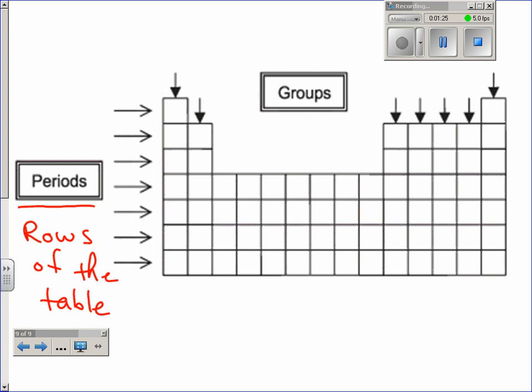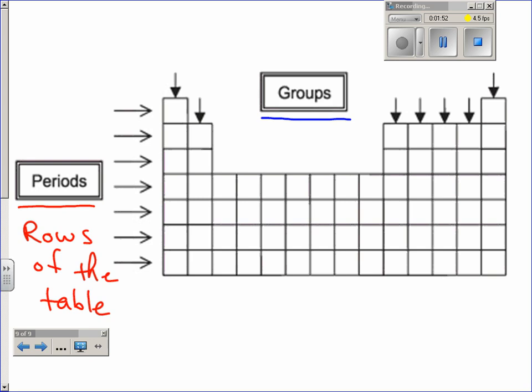Pretty complicated. Also, I assume you can see some other arrows. They're pointing down, aren't they? And those are the groups. Isn't that nice how I underline that?